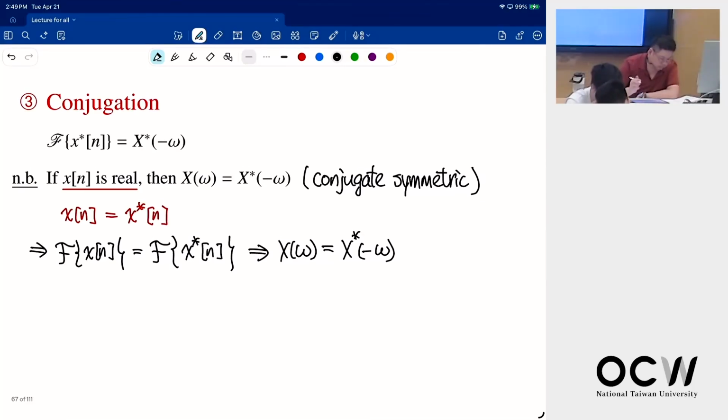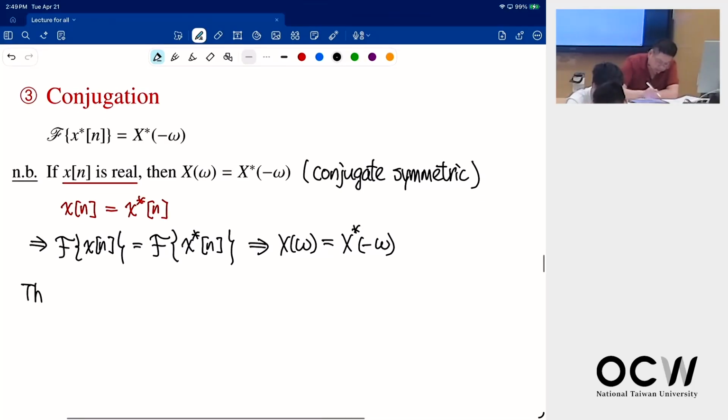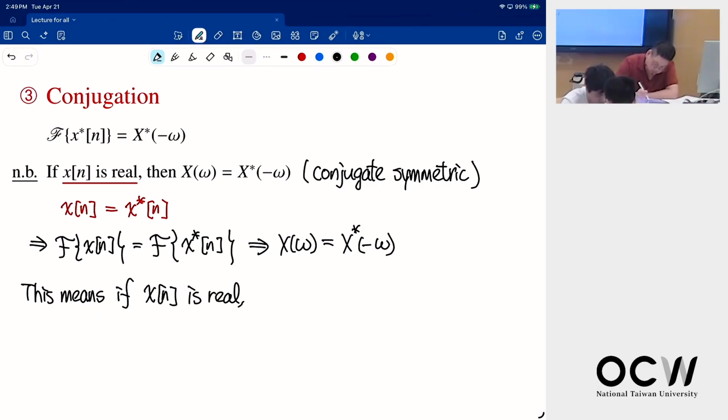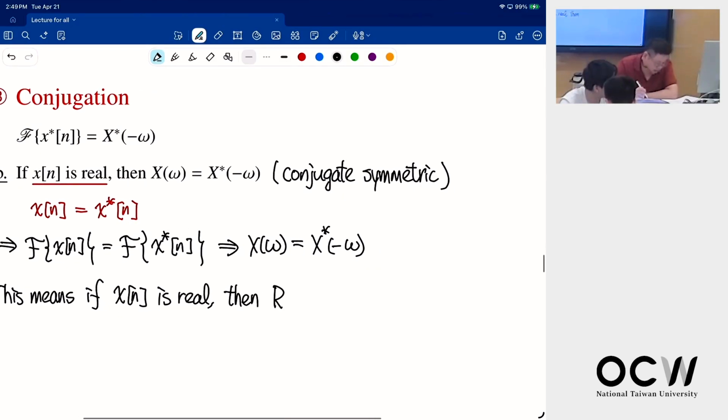So for this equation, that means if the signal is real, then the real part of your Fourier transform is an even function or odd function? Even or odd?